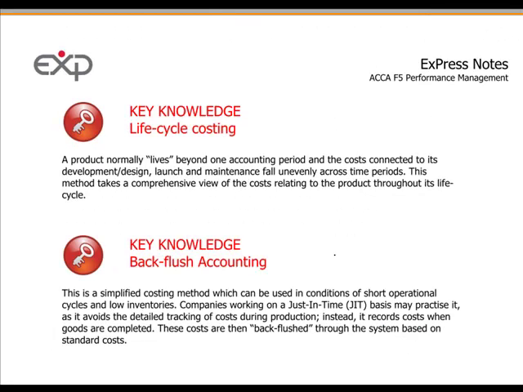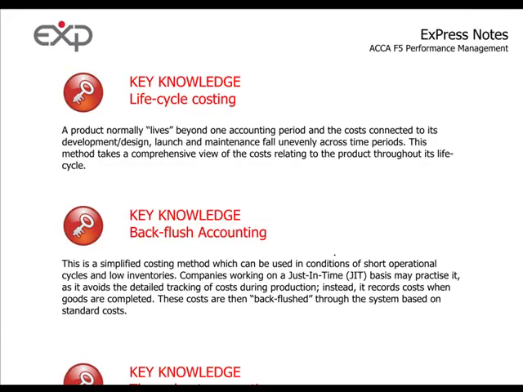Life cycle costing introduces the concept of the life cycle of the product that falls into several stages: market development, growth, maturity and decline. So as such, you can imagine that the life cycle of a product will not fit in one accounting period.